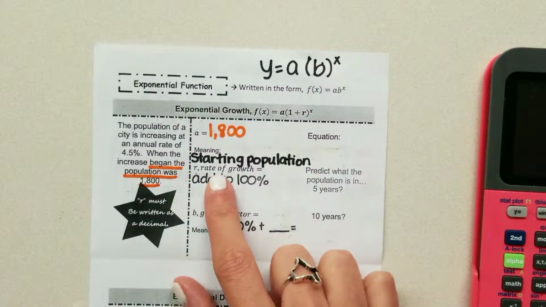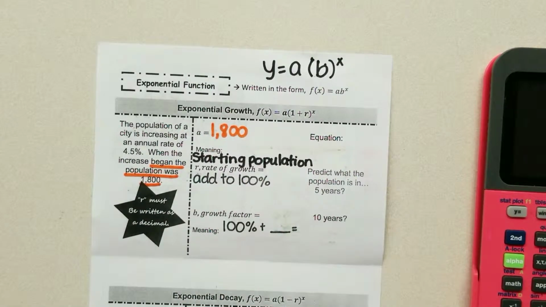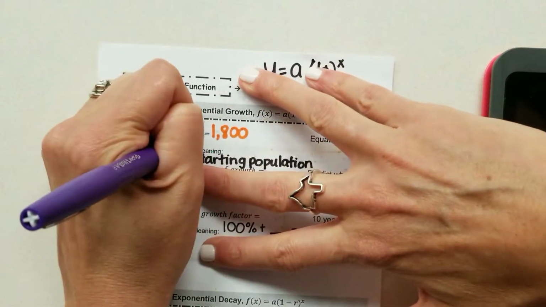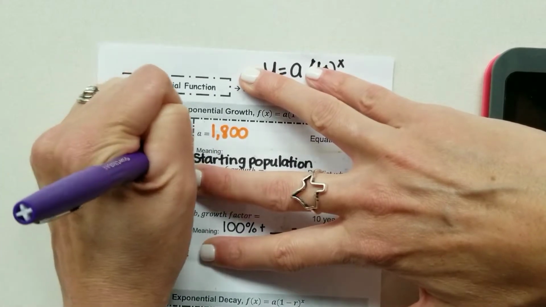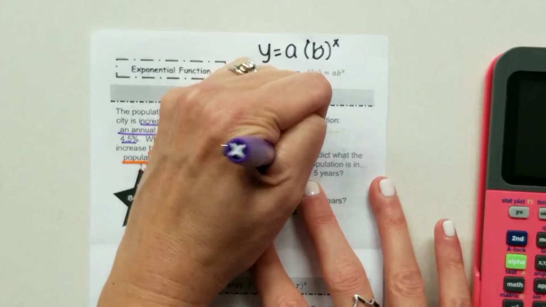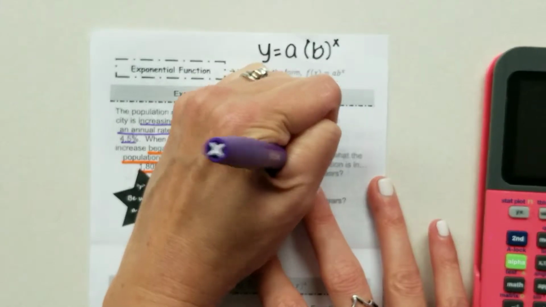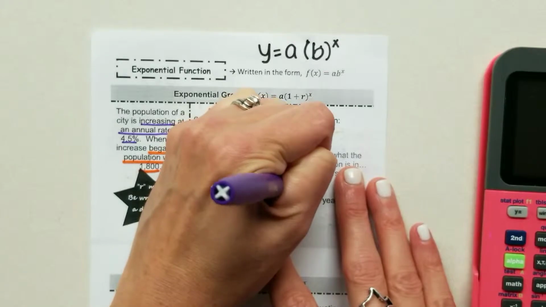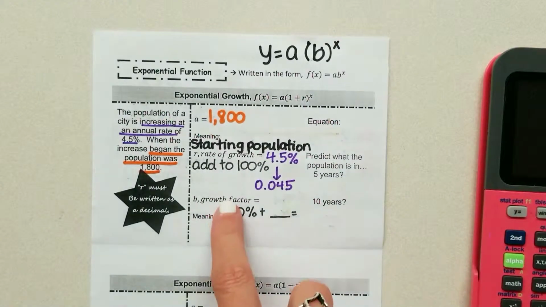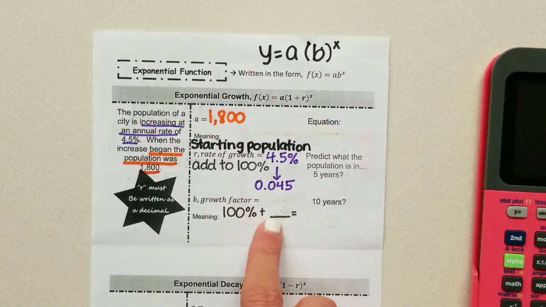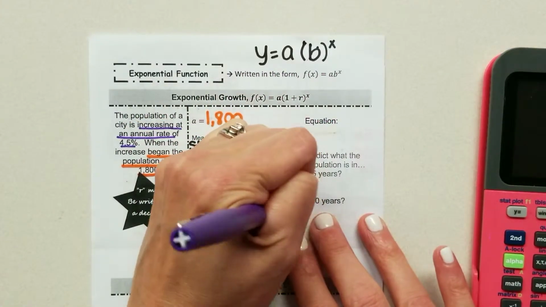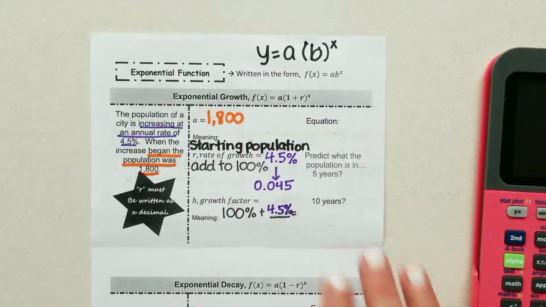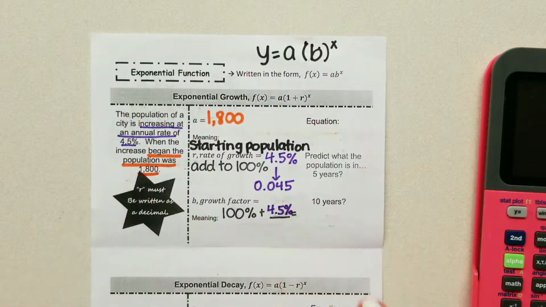Okay, so our rate of growth, how much are we getting bigger by? That's what the percentage is. Remember, it's the number before you add it to 100%. So it says we are increasing at an annual rate of 4.5%. So that is our rate of growth, 4.5%. You could also think of it as the decimal 0.045. Okay, so now to get my growth factor, I want to add 4.5% to 100 because for it to grow, my final percentage has to be bigger than 100%.